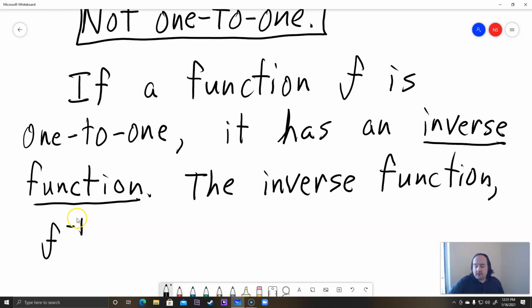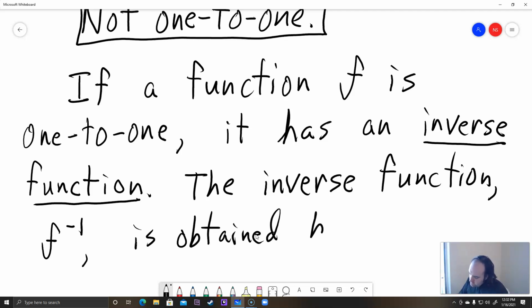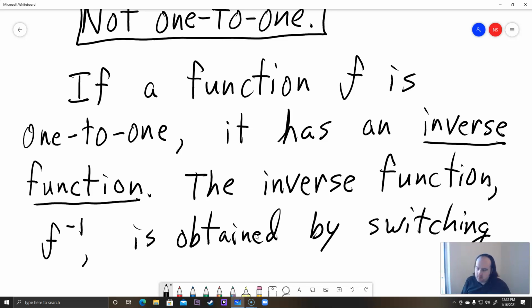It's just a notation. The inverse function, f inverse is the way we read this. We don't say f to the -1, we say f inverse, is obtained by switching the x and y coordinates.